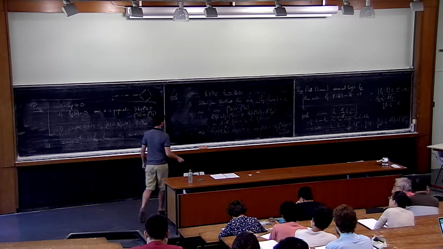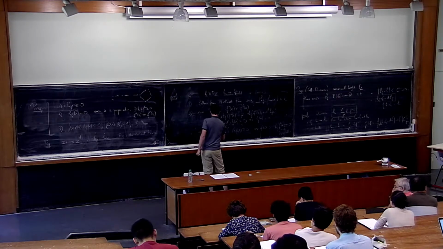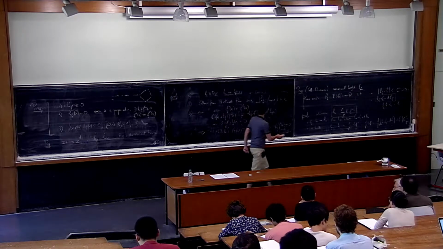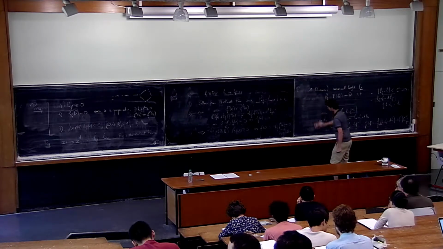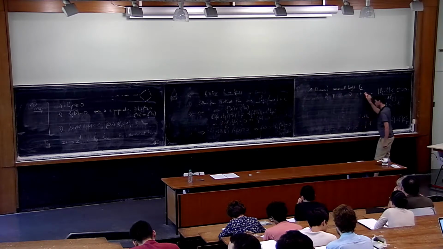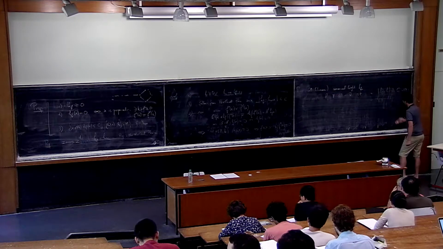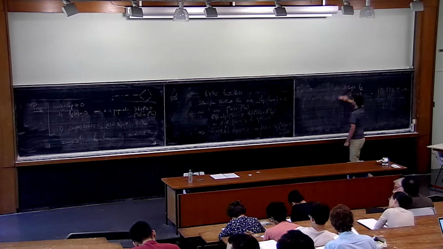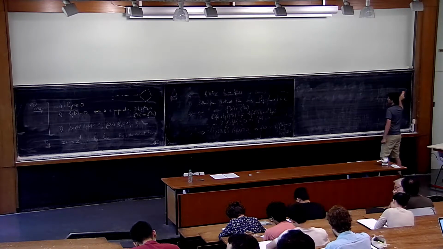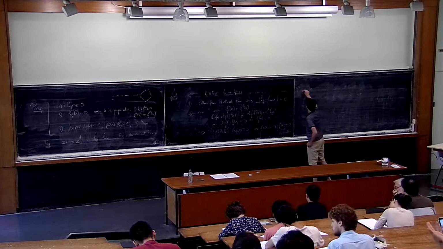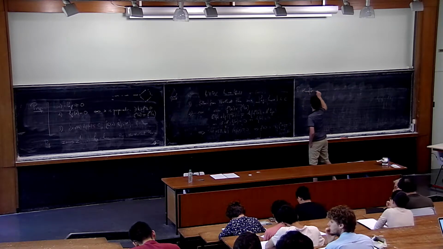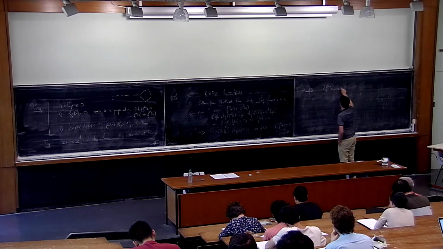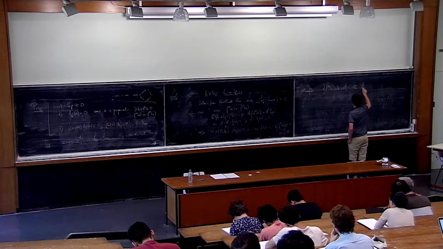Okay, and then you conclude by, let me be clearer here. So therefore, the whole orbit of x is contained in a finite set.